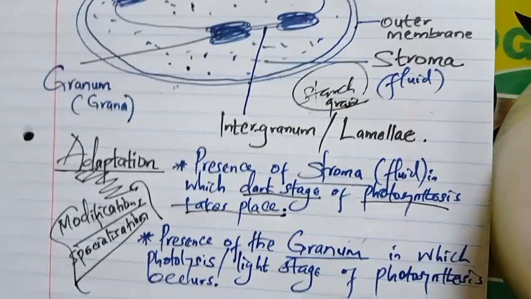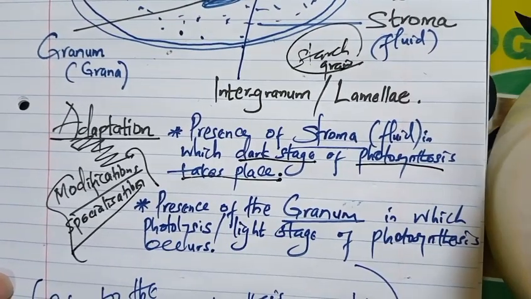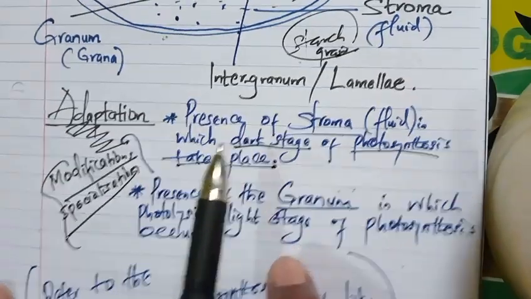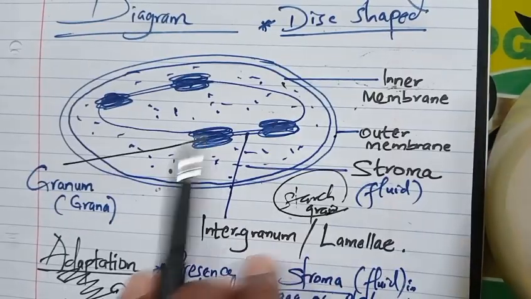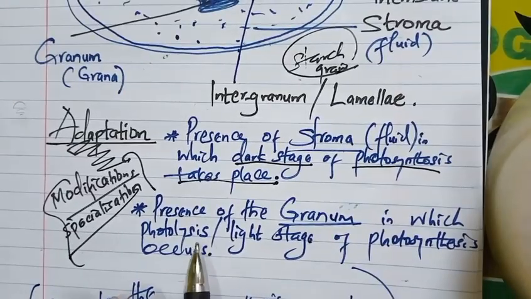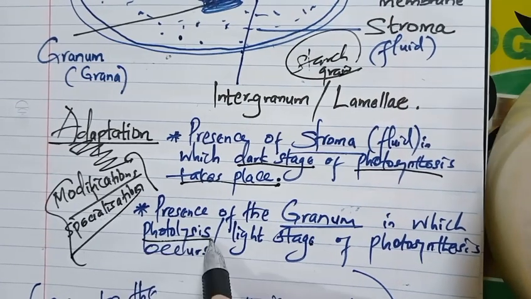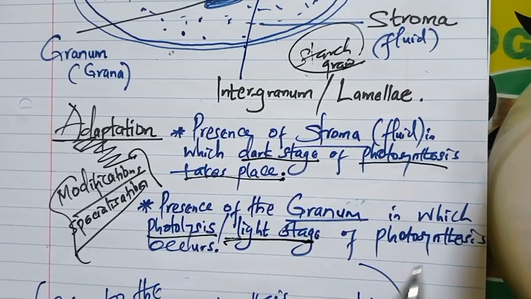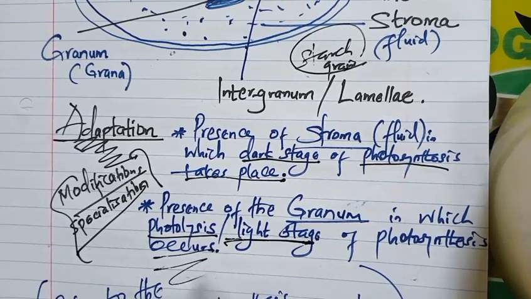That is an adaptation. Another one that is a really quick one, the presence of the granum, or the grana. This is where photolysis, also called the light stage of photosynthesis, occurs.